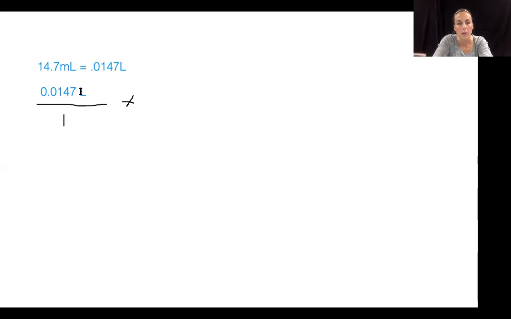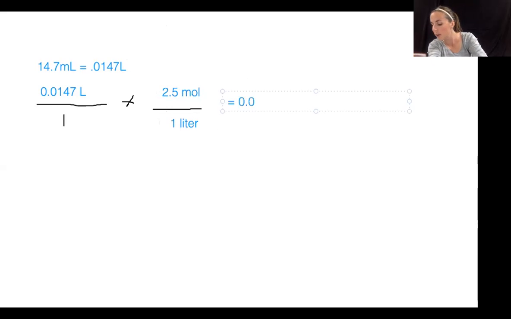So we have 2.5 molarity. So 2.5 moles, and that's per liter. So my liters are going to cancel and I'll be left with moles. So 0.0147 times 2.5. And you're going to get 0.03675. And that's moles.